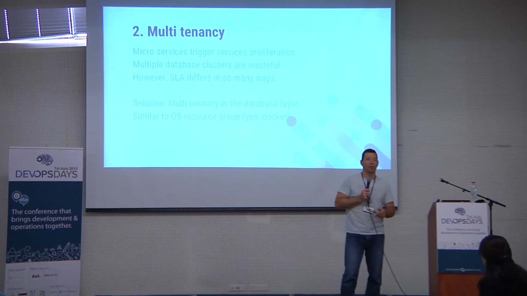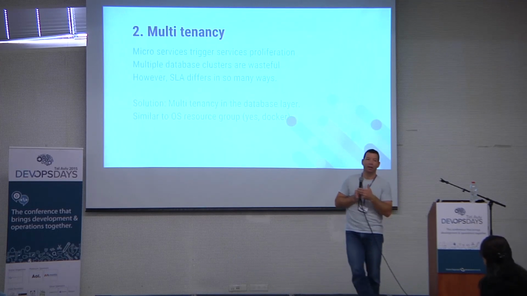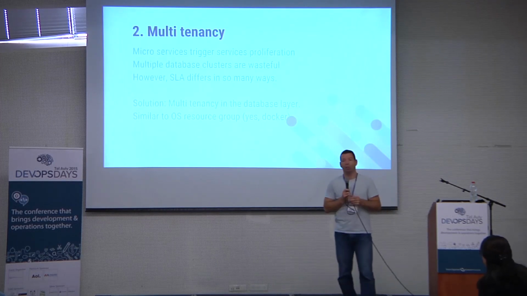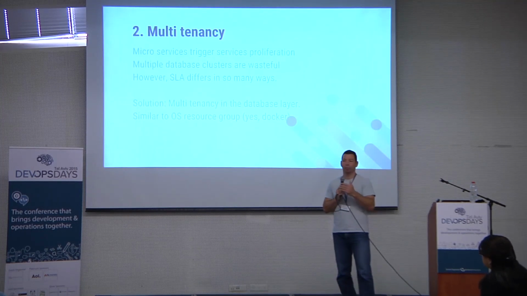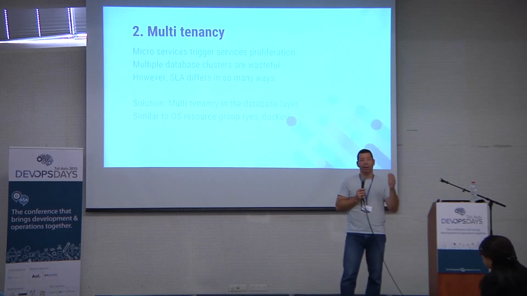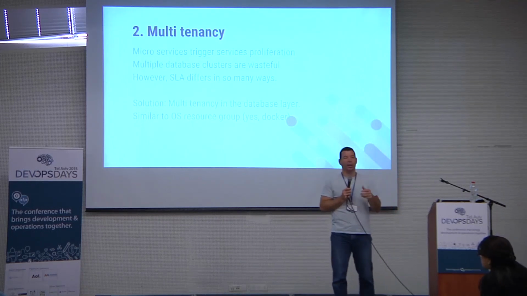There's a lot of idle time and resource waste in all of these multiple clusters, and of course a lot of administration time that goes into managing them. And you also end up with silos of really old versions that no one touches, and it's a really bad situation.